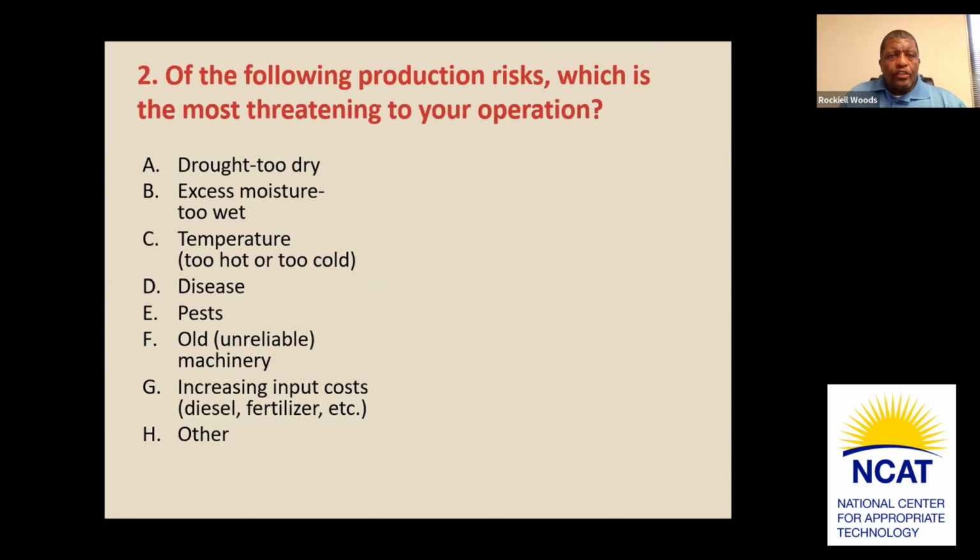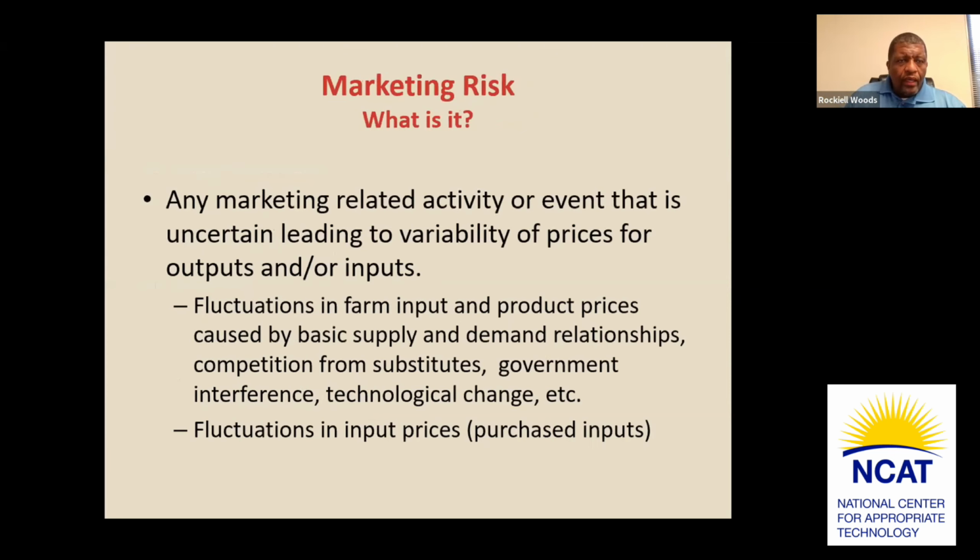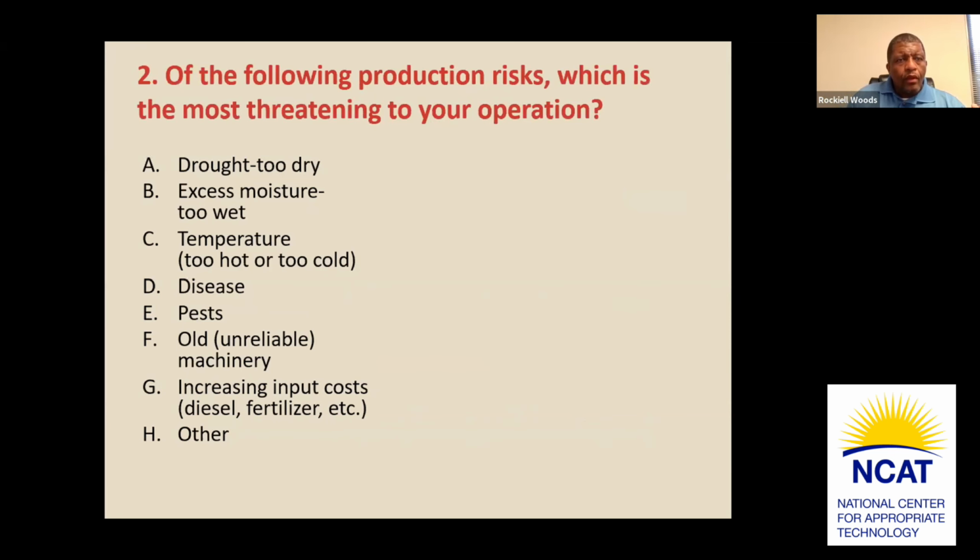Number two, following production risk, which is the most threatening to your operation? Is it drought, excessive moisture, too wet, temperature too hot or too cold, diseases, pests, old unreliable machinery, increases in inputs, whether it be diesel, fertilizers, or other?